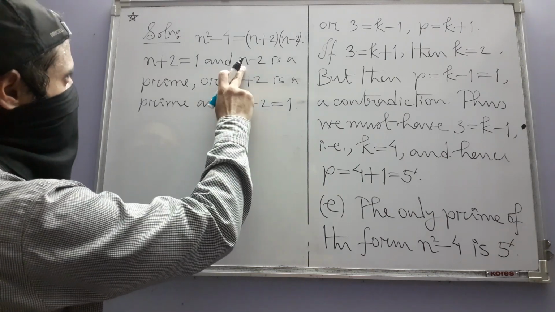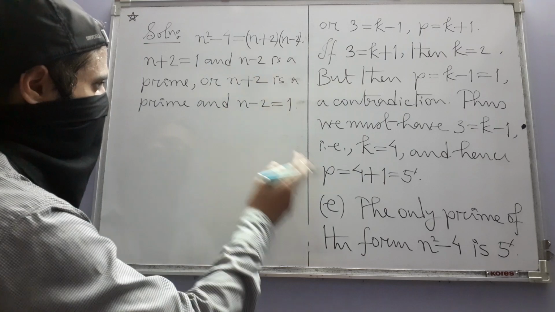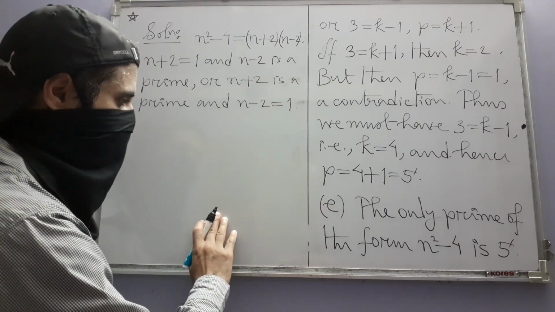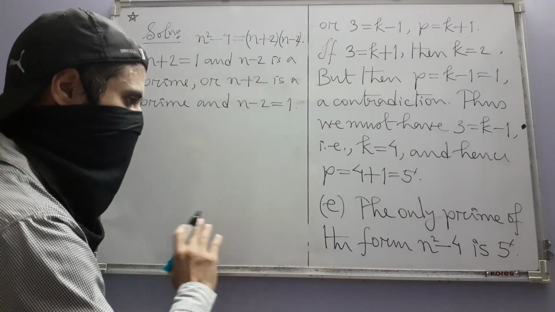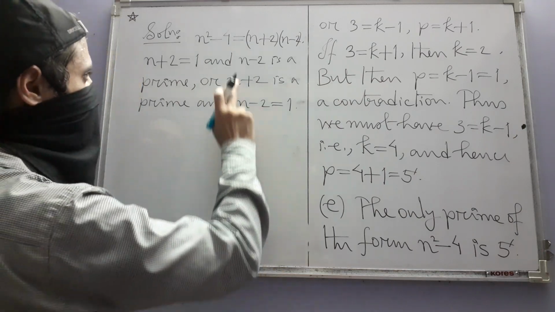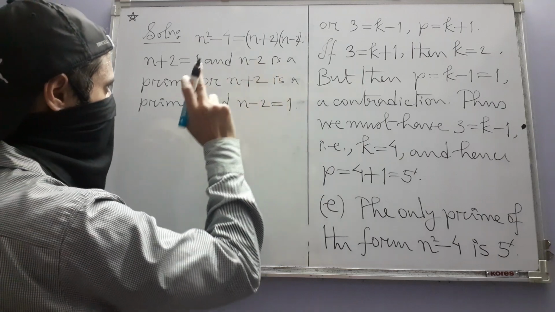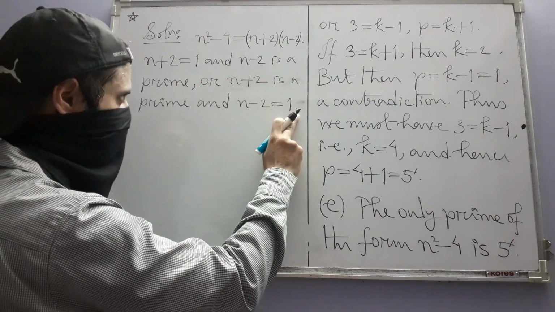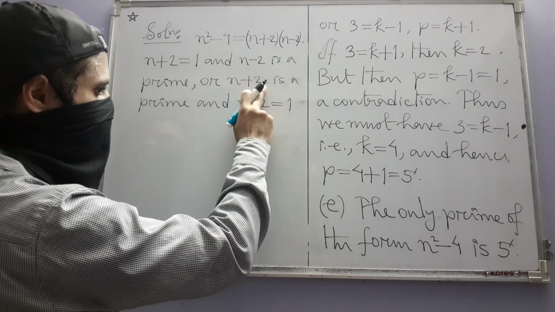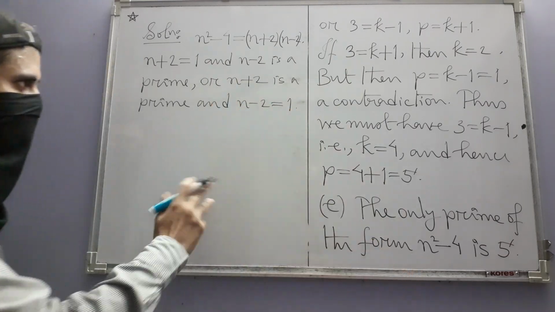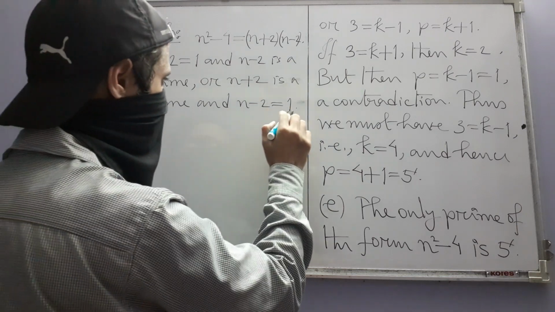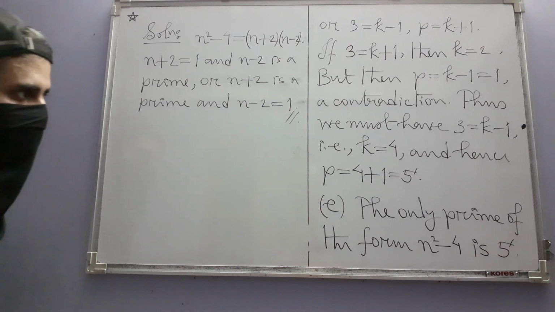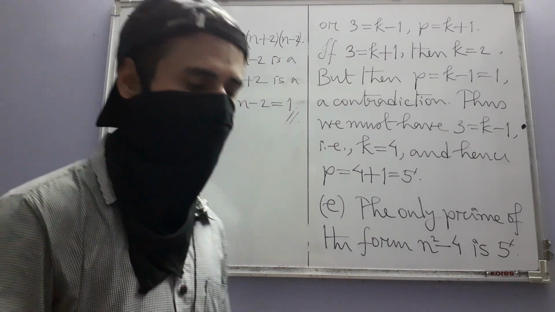Well, in that case we do get n minus 2 equal to minus 3, which technically speaking is a prime, but by prime we mean positive primes. So this possibility has to be ruled out. That means we must have the other, but then n is 3 and so n plus 2 is 5. Okay, so that's how you can write the solution more formally, and that's it for this entire problem.